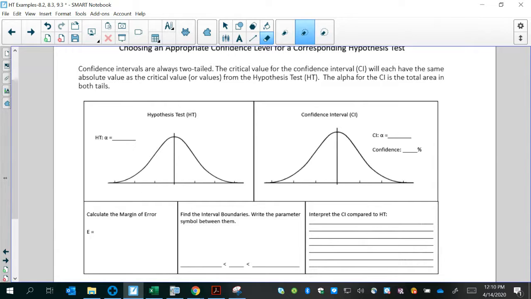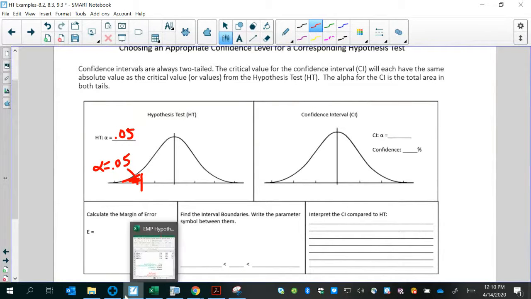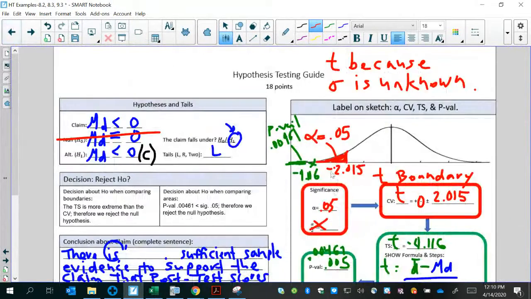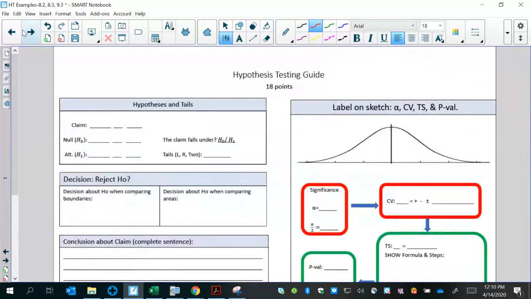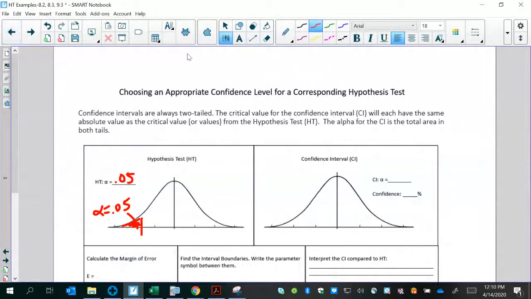So our hypothesis test was single-tailed with an area of 0.05 over here, all contained in the one tail. And the critical value was a t-score. Oops, wrong thing. I wanted to look at the t-score, which was negative 2.015.